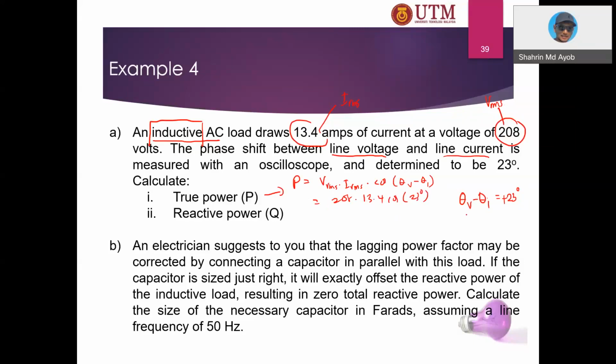So you calculate, and you will obtain the value of your P. While for the Q it is also very simple: V RMS I RMS sin(theta V minus theta I), which is 23 degrees. So the unit is var, while for the average power or the true power, the unit is watt.